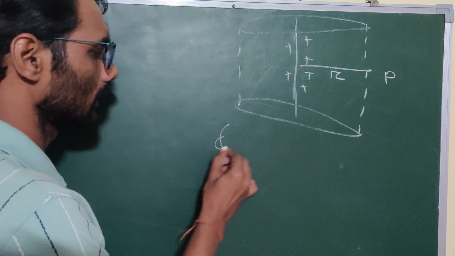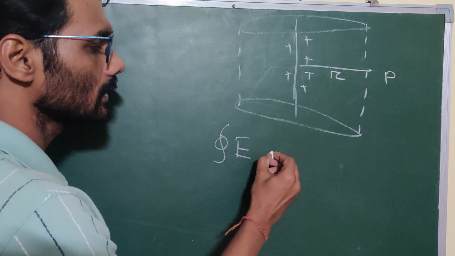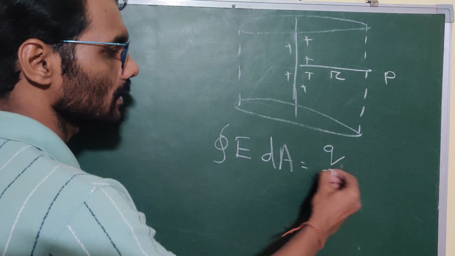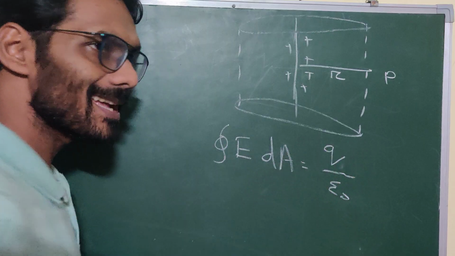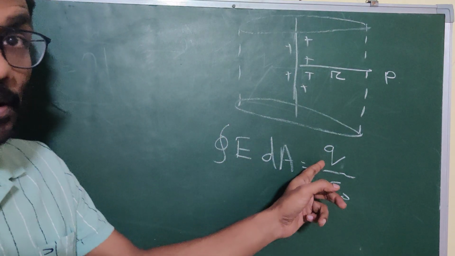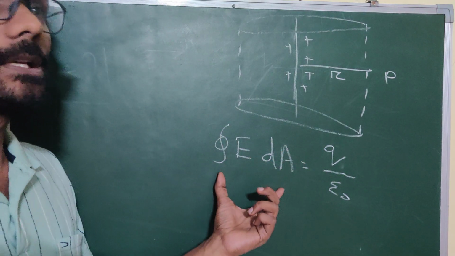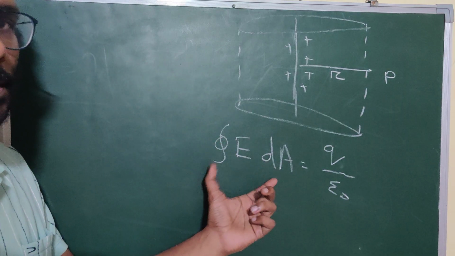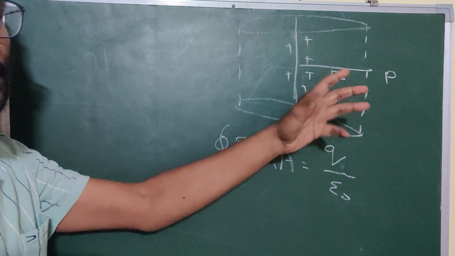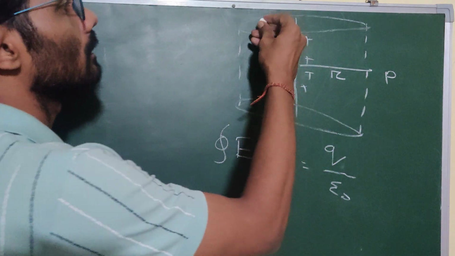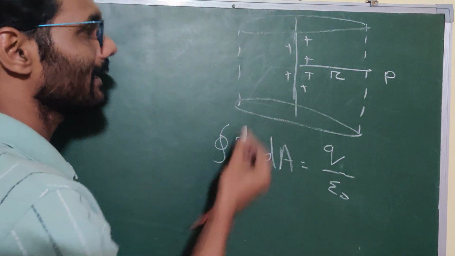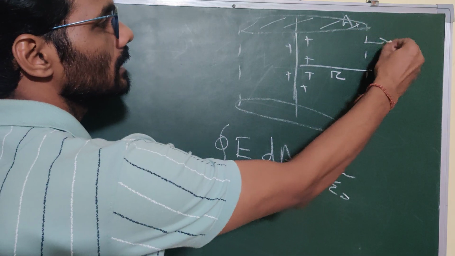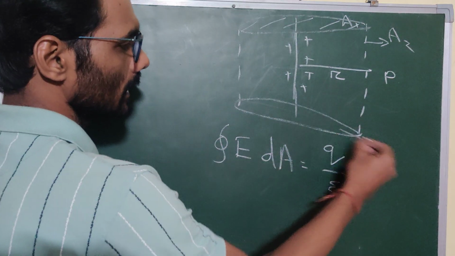Just write the formula: integration of E dA equals q by epsilon naught. This q is the charge enclosed in the Gaussian surface, and the left side is information about the area of the Gaussian surface. The total area is A1, A2, A3.